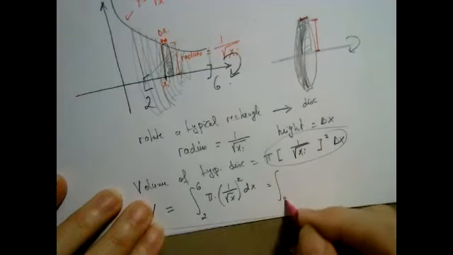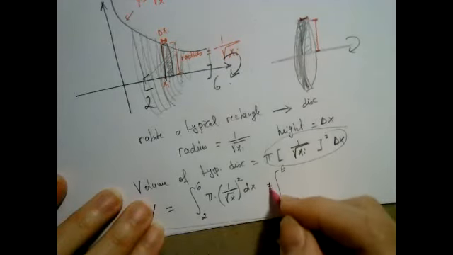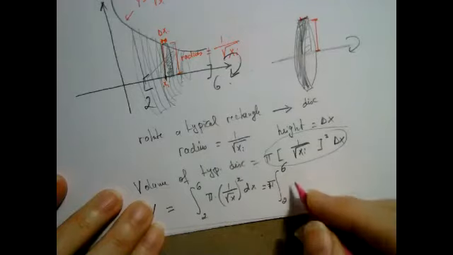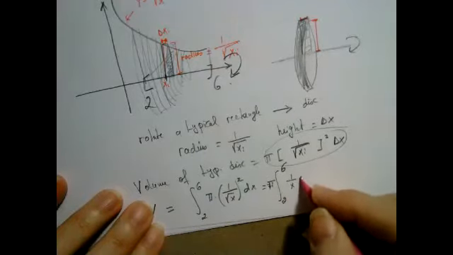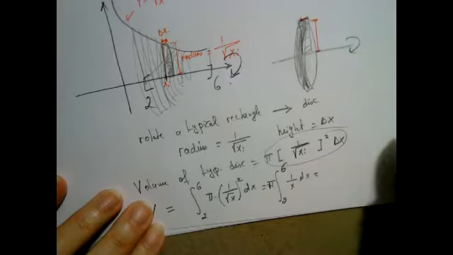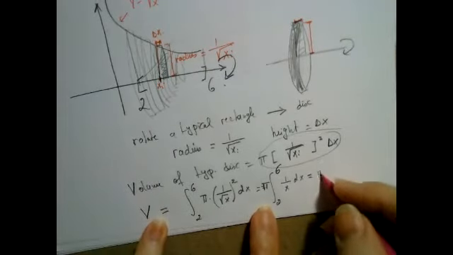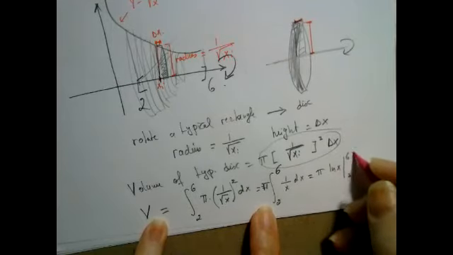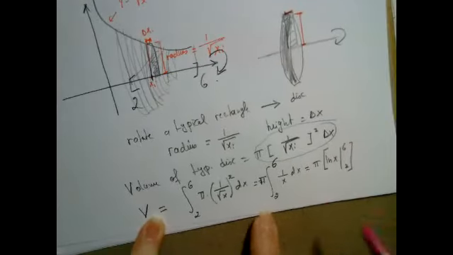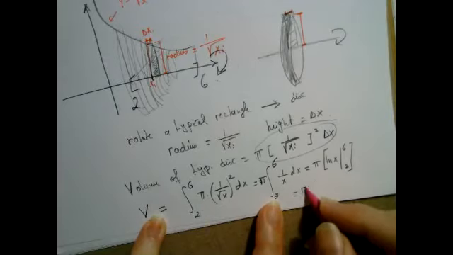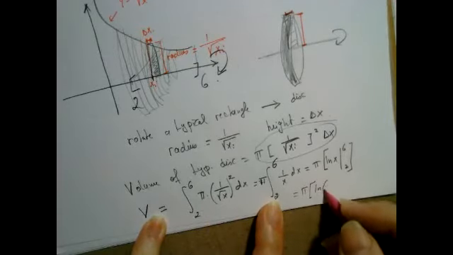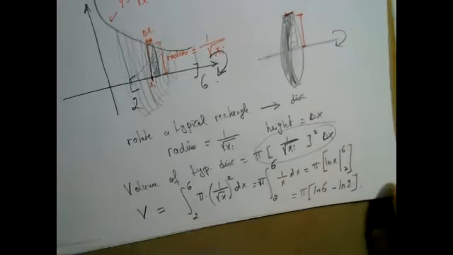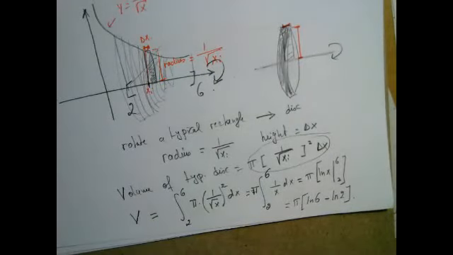That will give me the integral from 2 to 6. Pi is a constant, I can take it out. 1 over that is 1 over x dx. Now, the antiderivative of 1 over x is ln, evaluated between 2 and 6, which will leave me with pi times ln of 6 minus ln of 2. Okay, and that's really plenty.